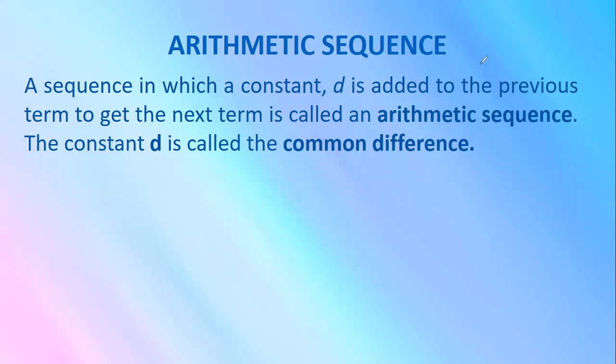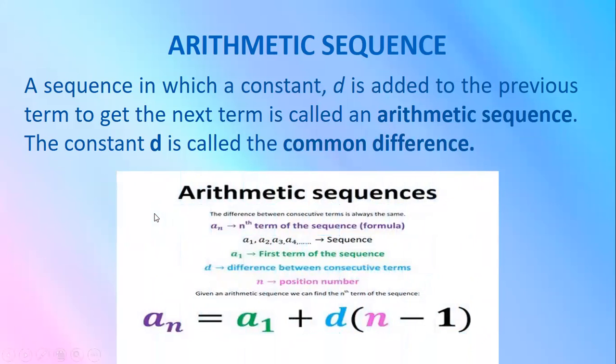Okay. So ang arithmetic sequence, so it has a formula for us to find the nth term of the arithmetic sequence. So ito yung ginagamit natin na formula for the nth term. A sub n, which is equal to a sub 1 plus d multiplied by n minus 1.